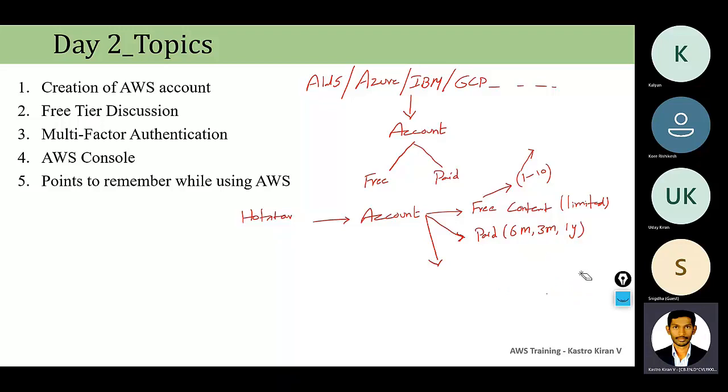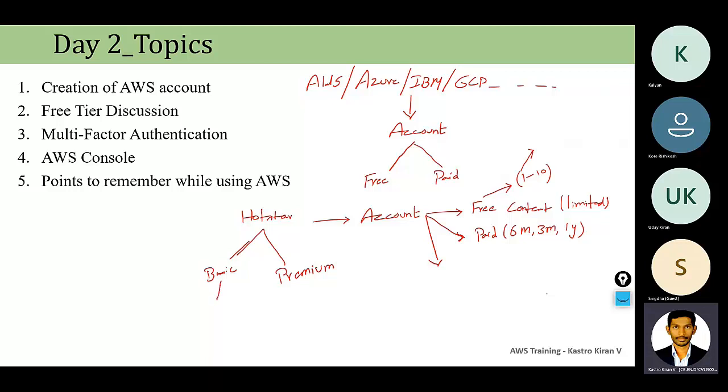Now, if you take a Hotstar account, you will have 2 to 3 different options available. One is just a basic account, and the second one we can call a premium account. There will be a difference between the basic account and premium account, that's for sure.